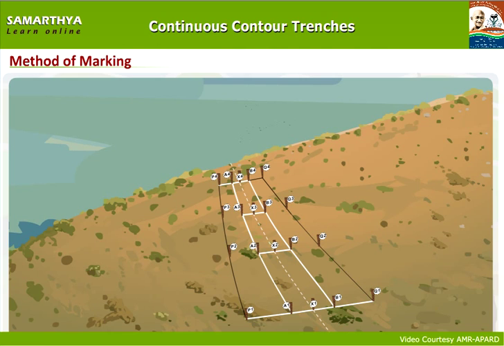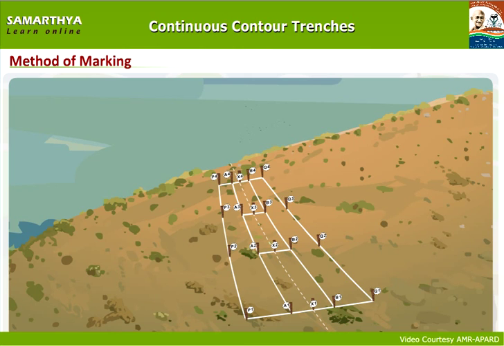Draw a line along the thread which tied B4 and Q4 using lime powder. Draw a line along the thread which tied P1, P2, P3 and P4 using lime powder. Draw a line along the thread which tied Q1, Q2, Q3 and Q4 using lime powder.